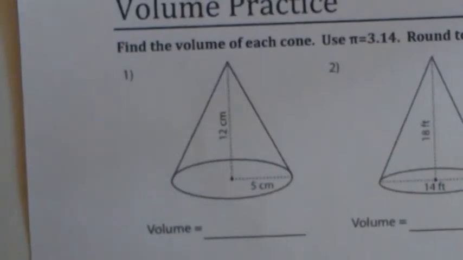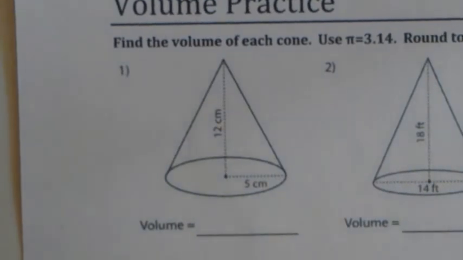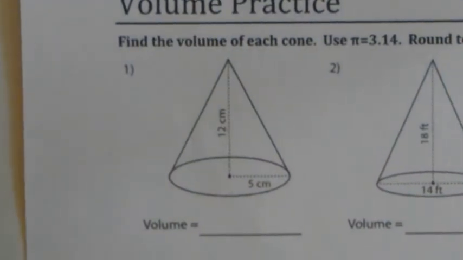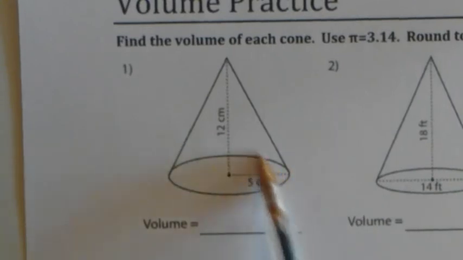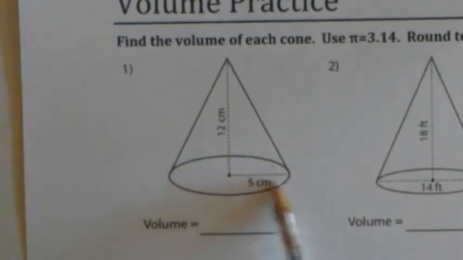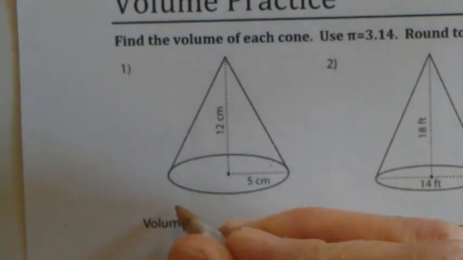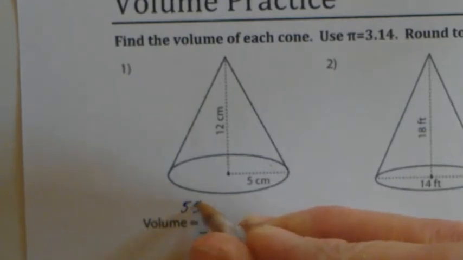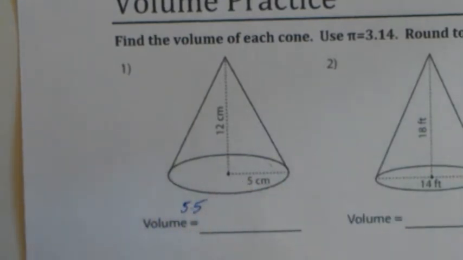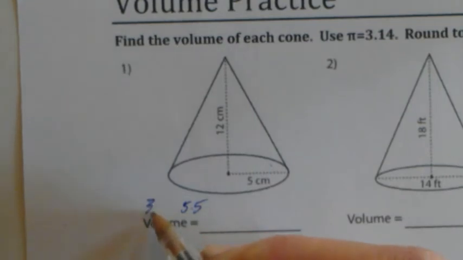Okay, on to cones. Cones, we're going to be following the same formula. We're going to figure out the area of the base, and then multiply it times the height, and take 1/3. Okay, so how do we do the area of the base? It's the radius squared. 5 squared, that's 25. I'll put 5 times 5 on the first one. Radius squared times pi, 3.14.